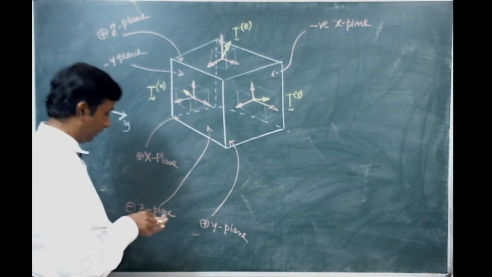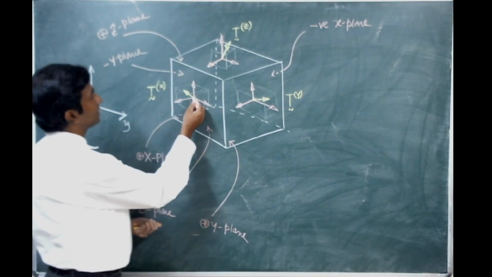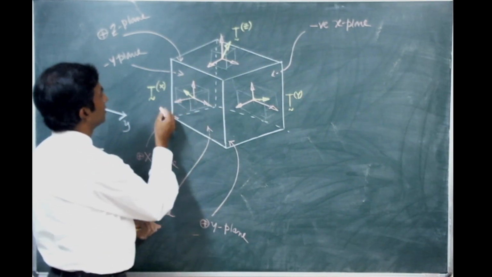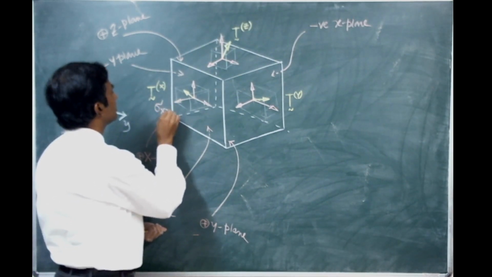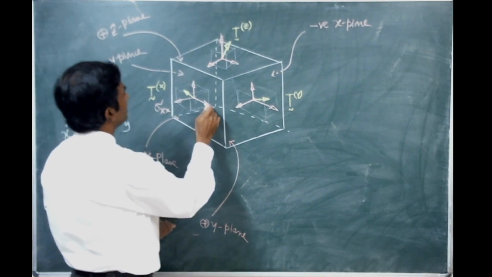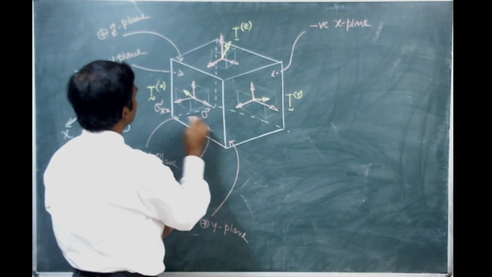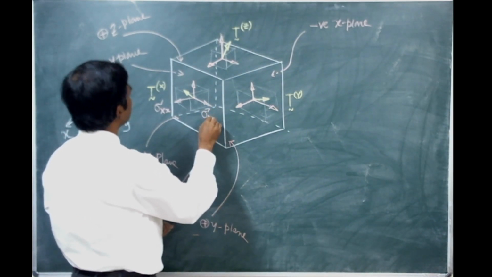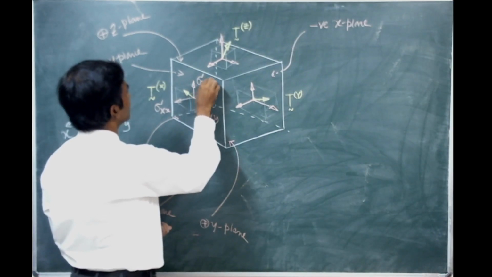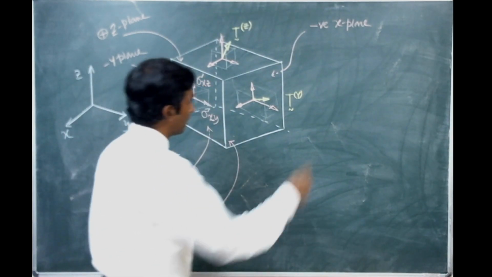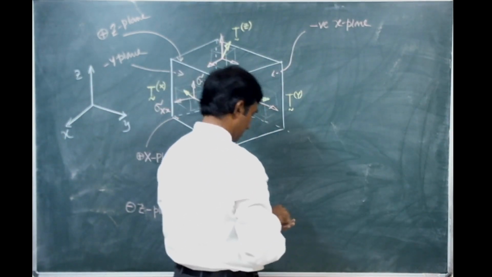We give a name: we say that this one is sigma xx, and this one sigma xy, sigma xz. So we are basically using this representation.